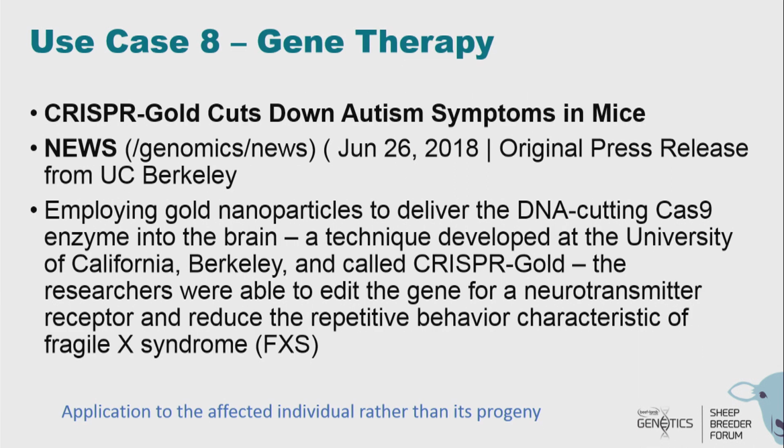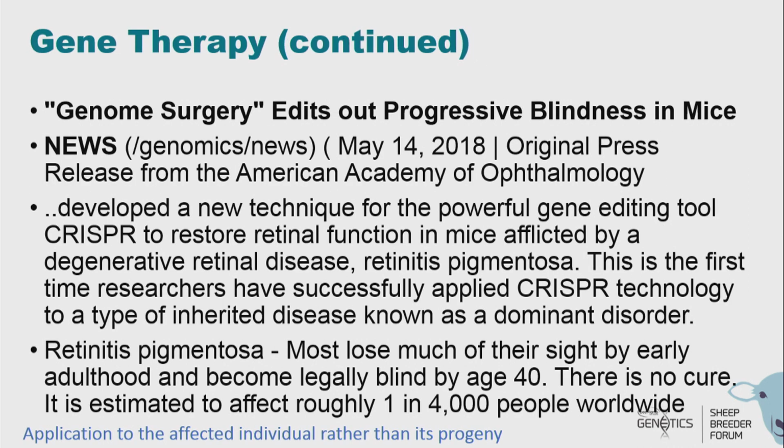Gene therapy is another one. So for instance, in gene therapy here, we're not talking about modification in the individual so its offspring are different. We're talking about modifying the individual so it performs better in its own life. And they have demonstrated that they can use a CRISPR mutation to reduce autism symptoms in mice.